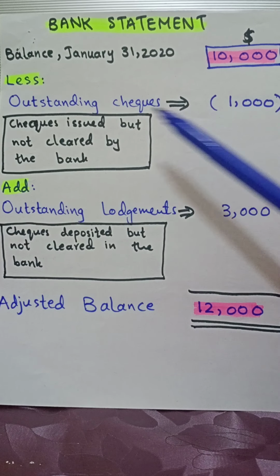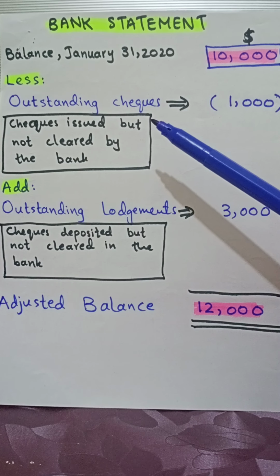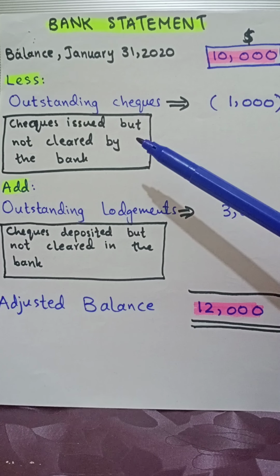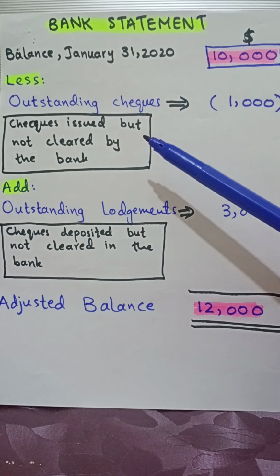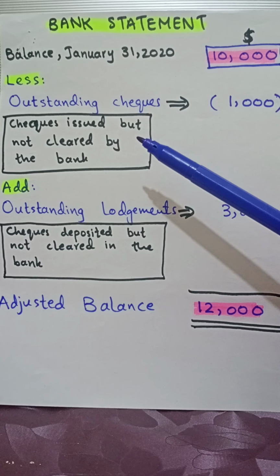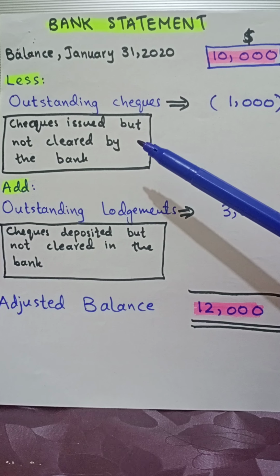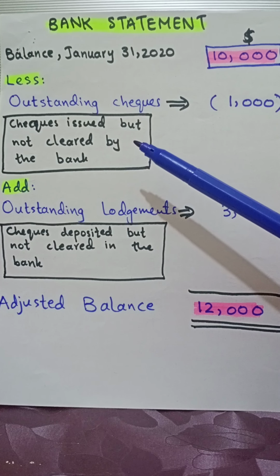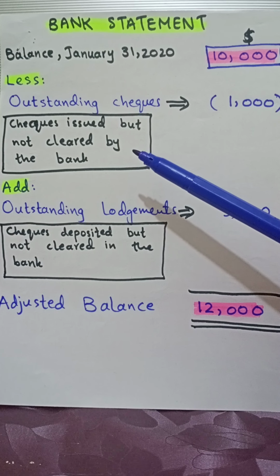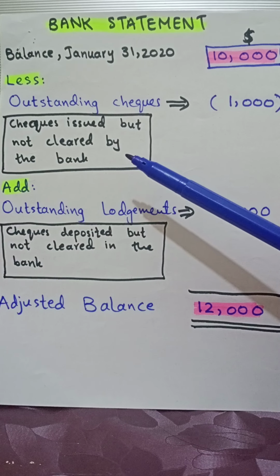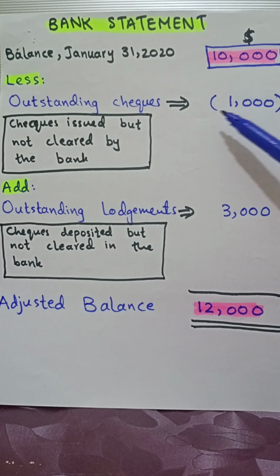So this was one of the transactions, outstanding checks, which was already recorded in the cash book but was not considered by the bank. Obviously, the bank has not received any check yet. Even if the bank has received that check from the supplier but has not yet cleared it, the bank statement would show a balance of 10,000 without deducting those 1,000.